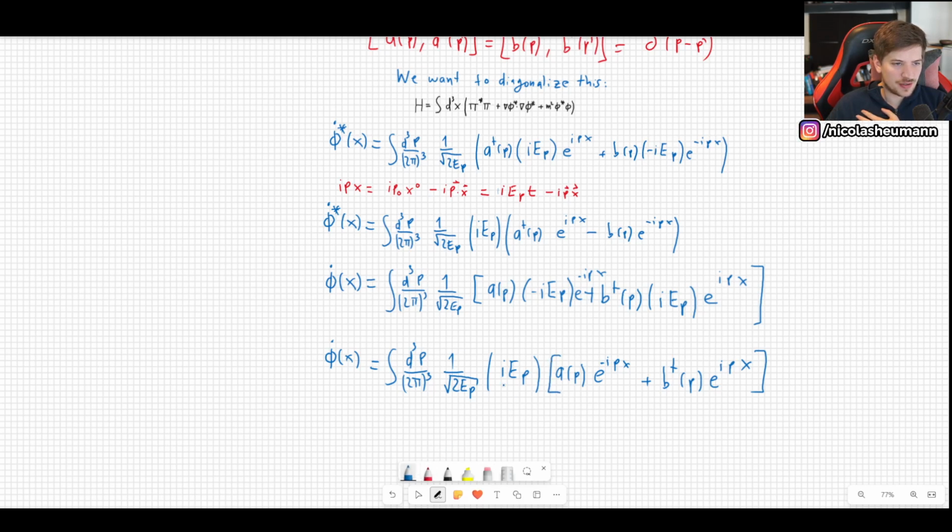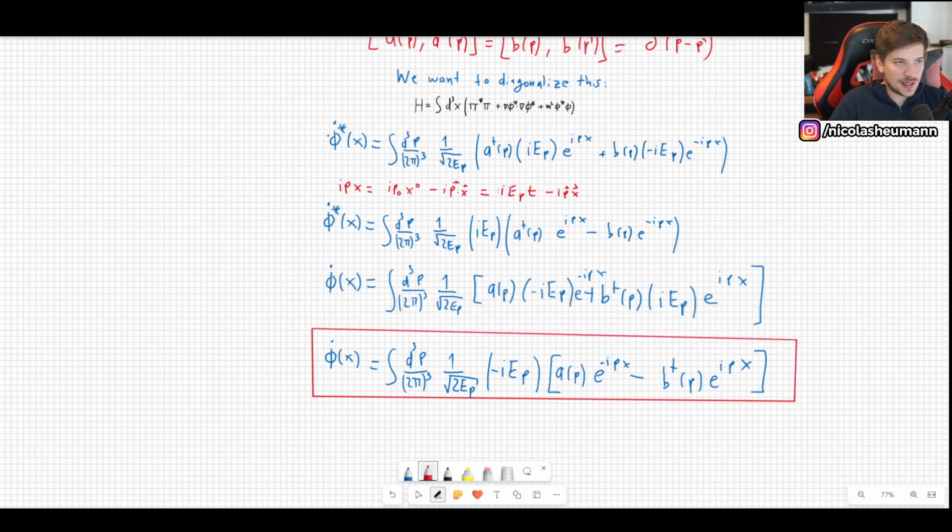So we just factor a minus sign, we put it out there, and that way we have a minus b in both phi dot and phi conjugate dot. Okay, so now we have this. So maybe let's just quickly put our result in red so that we can find it easily when we need it next. So this is the result here.